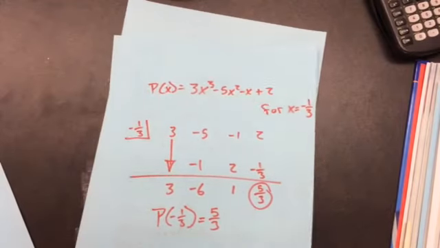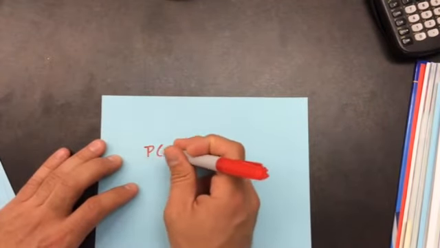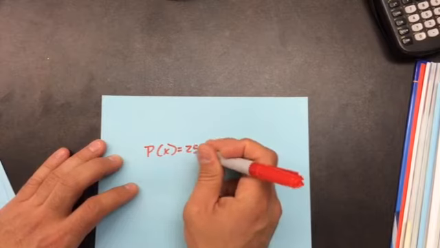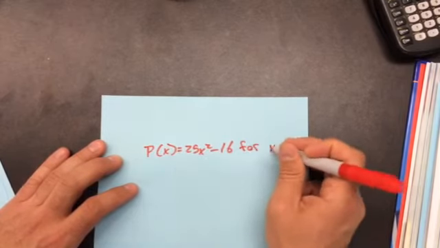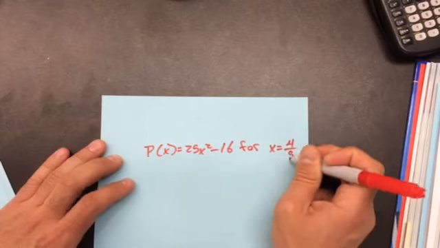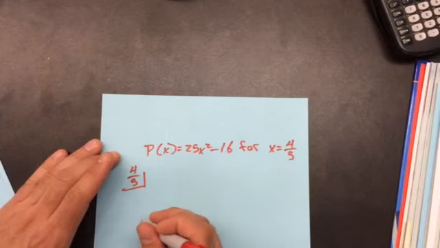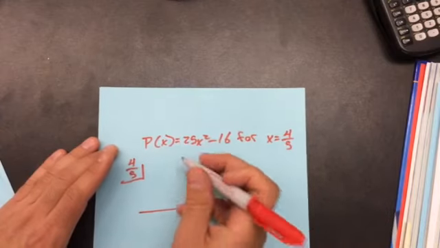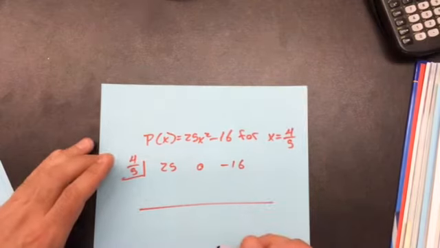I'll do another example of this, okay? So it'll say p of x equals 25x squared minus 16 for x equals 4/5. So 4/5 is what I'm dividing by. I need to put all of my numbers. I'm missing the x, so it's going to be 25, 0, and -16.